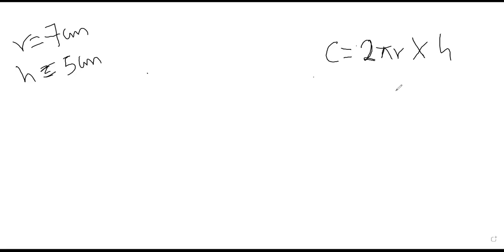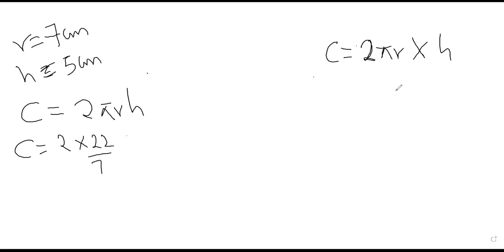Now, the lateral area of the cylinder, which is given as C, is equal to 2 pi r h. So here, our C is going to be equal to 2 times 22 over 7 times the radius, 7 centimeter, multiplied by the height, 5 centimeter.